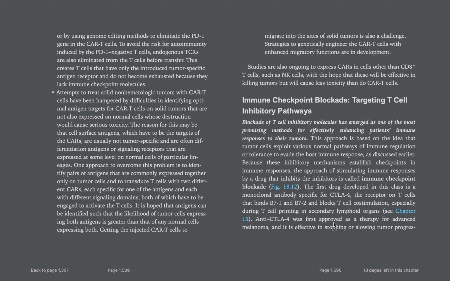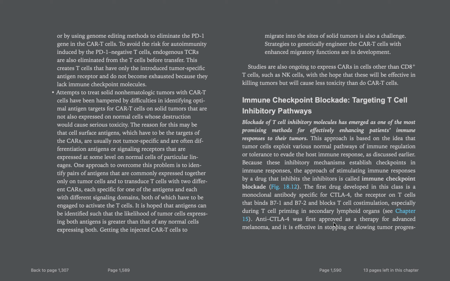The reason for this may be that the cell surface antigens which have been the target for CARs are usually not tumor specific and are often differentiation antigens or signal receptors that are expressed at some level on normal cells of a particular lineage.